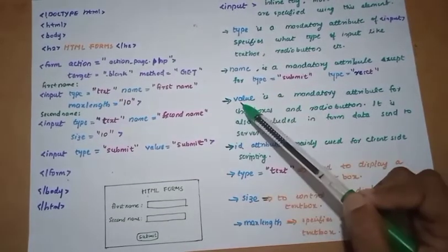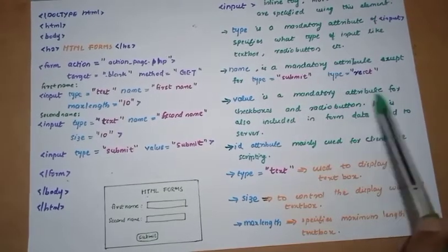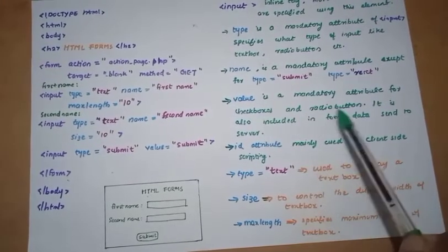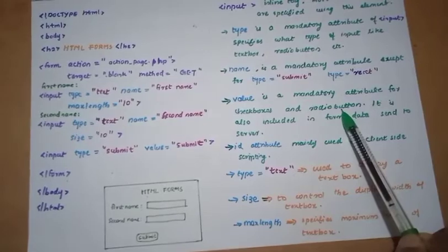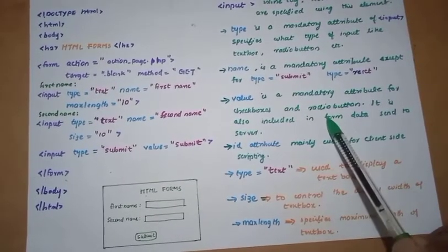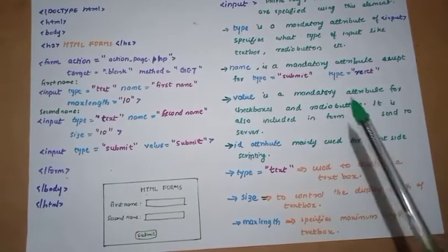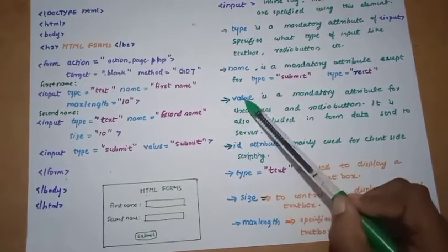Type, and let's see about this value. Value is a mandatory attribute for checkboxes and radio buttons. It's very important to keep in mind that when we implement these two things, we always have to mention the value.